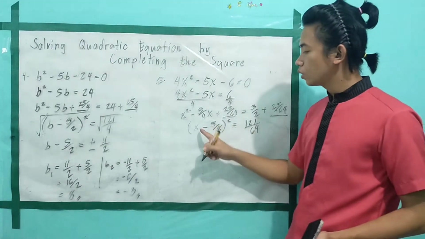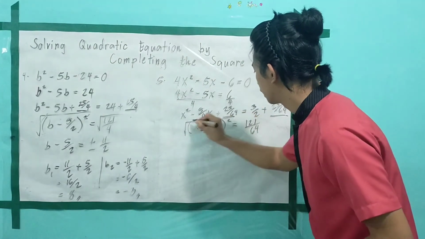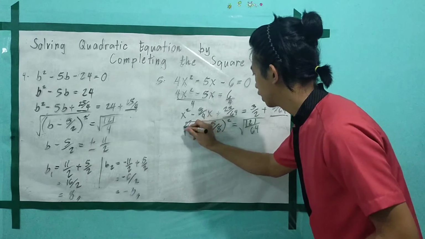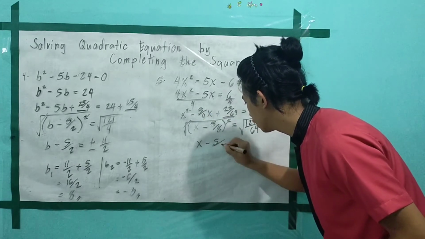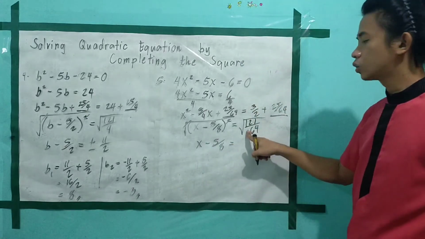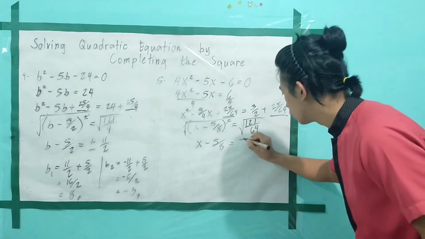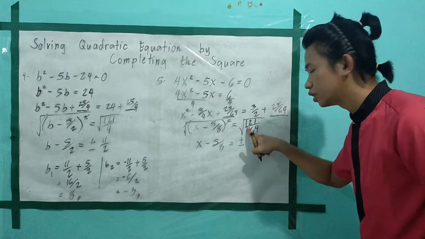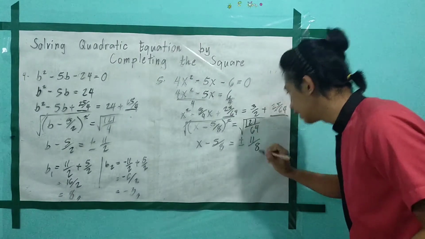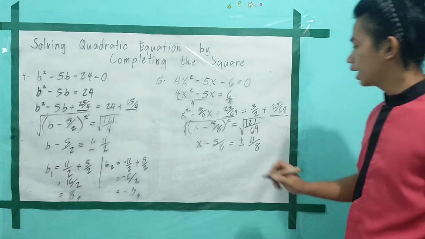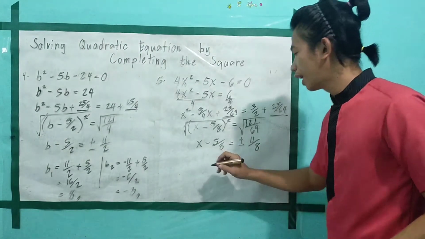Okay? Applying square root property. Cancel, cancel. So we have x less 5 over 8 is equal to square root of 121 over 64. We have positive and negative. Square root of 121, 11 over 8. Next, solve for the value of x.